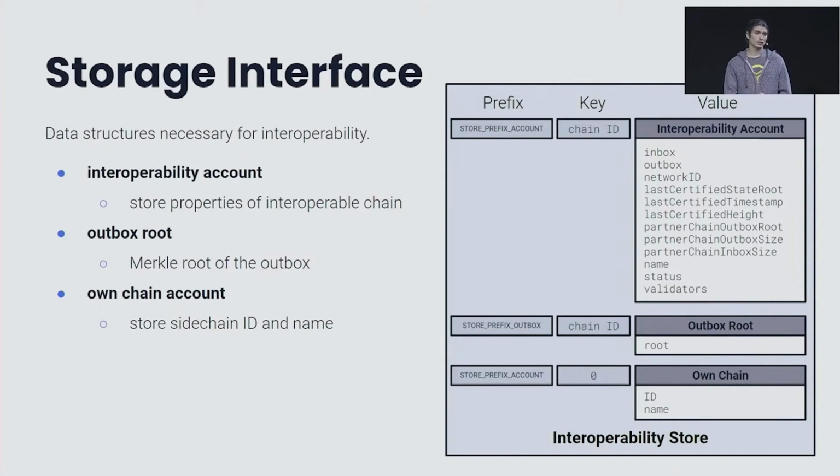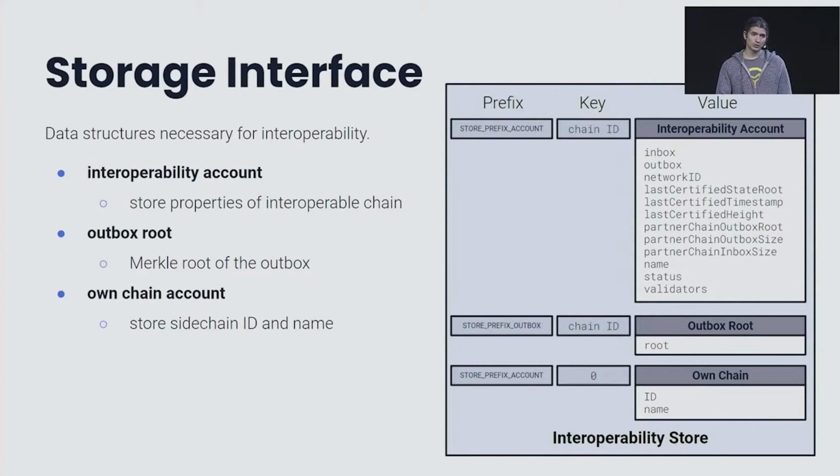The interoperability module defines 3 different data structures: an interoperability account, where we store the properties of interoperable chains, for example, the inbox, outbox, but also the chain status and the set of current validators of the chain. The main chain will maintain an interoperability account for each connected sidechain, while the sidechains will only maintain an interoperability account for the main chain.